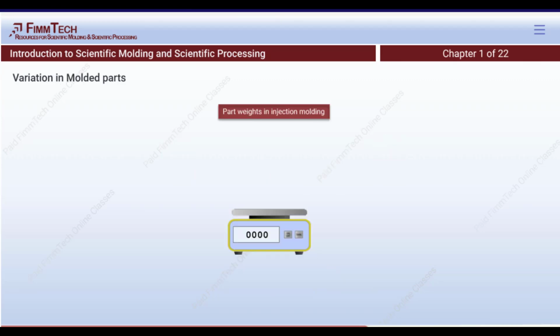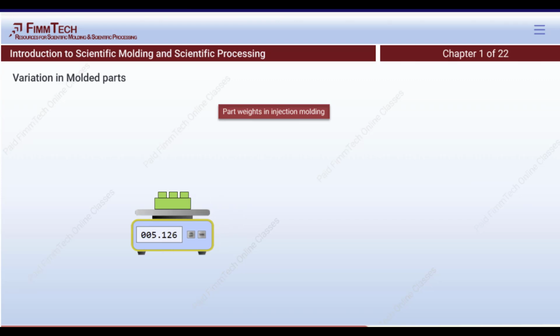Similarly, in injection molding or in any manufacturing process, you'll also see variation in the dimensions of the parts, in the part weights. In any of the inputs or outputs, there'll always be variation. For example, if you take 100 parts from the injection molding machine and weigh the parts, there has to be a variation in the part weights.